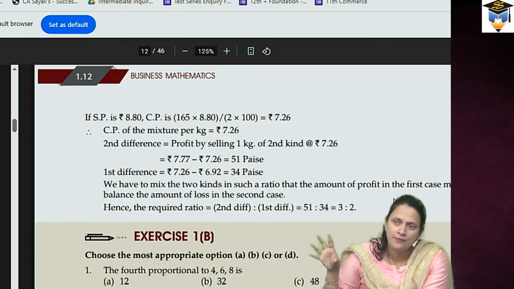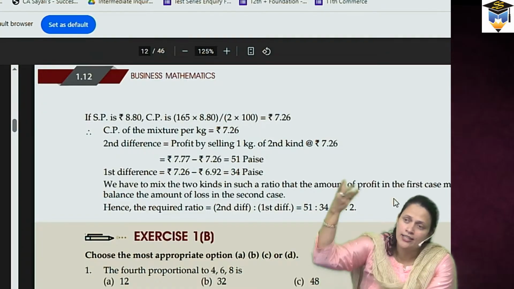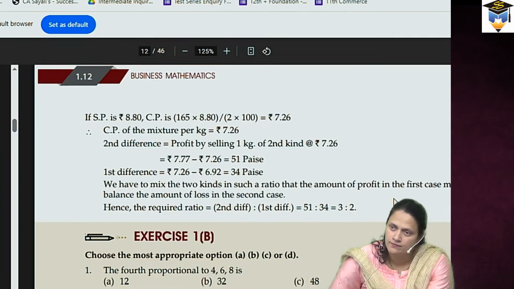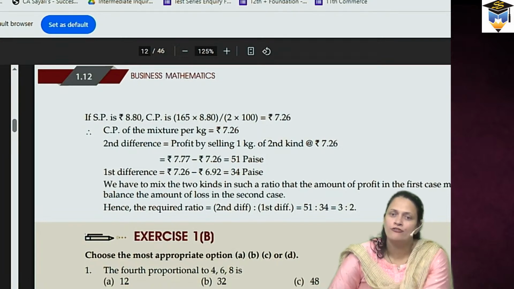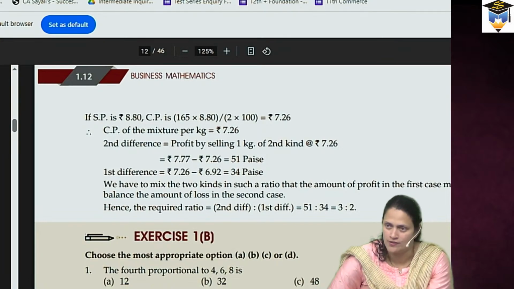Now, sometimes if you get the answer as 34 upon 51, is it still correct? Why? So basically you have to check what is given: do you have to find out the second difference to the first difference ratio or the first difference to the second difference?